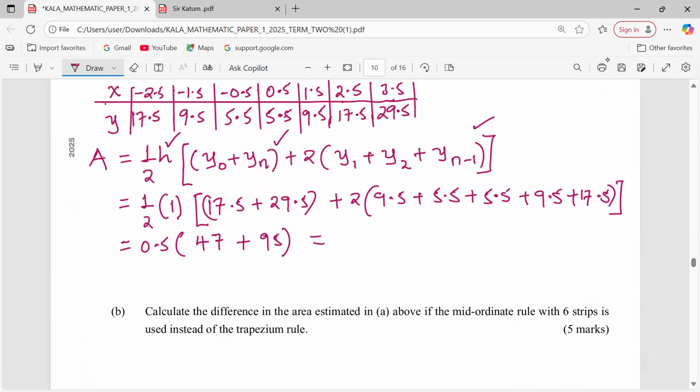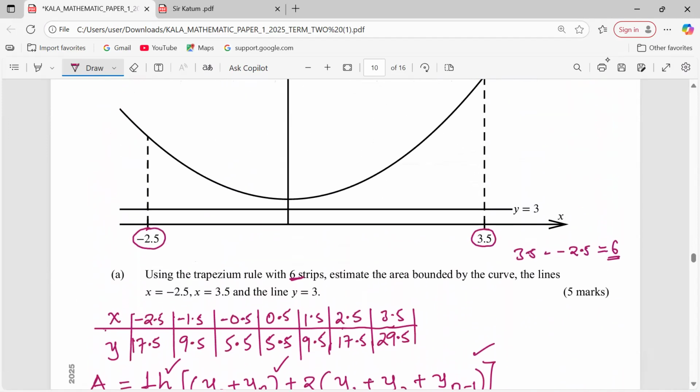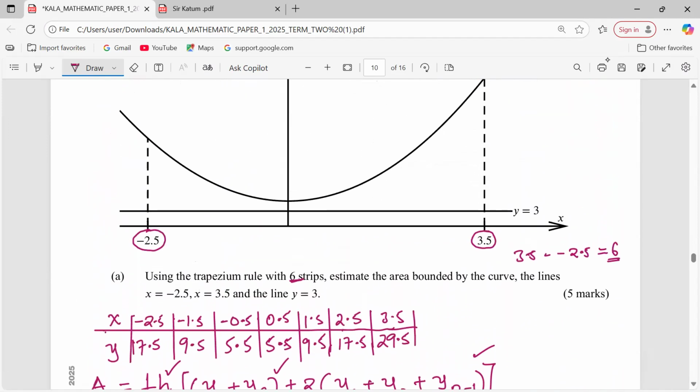When we add 47 to this, then multiply by half, we get 71 units. Now, 71 units is the area between the curve and the x-axis and the lines x equals negative 2.5 and x equals 3.5.